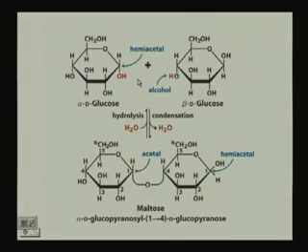In this case, we have the hemiacetal and the alcohol, and we have different sorts of linkages that link these two monosaccharide units to form a specific disaccharide, where we have an alpha or a beta linkage.